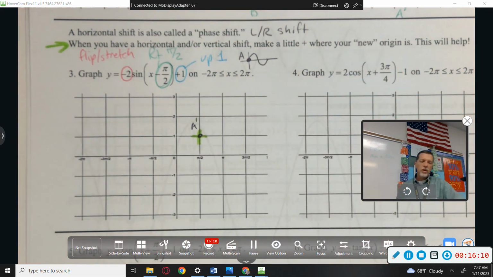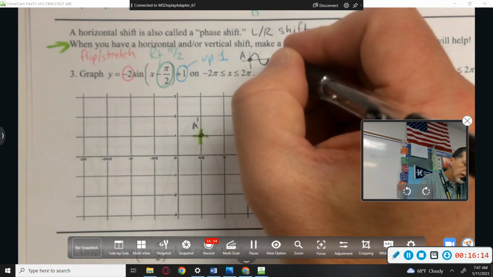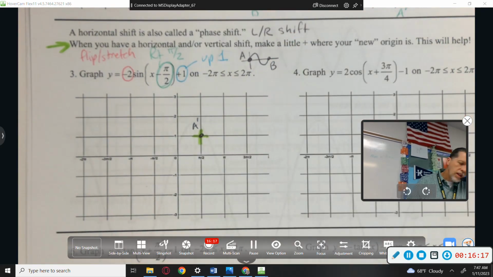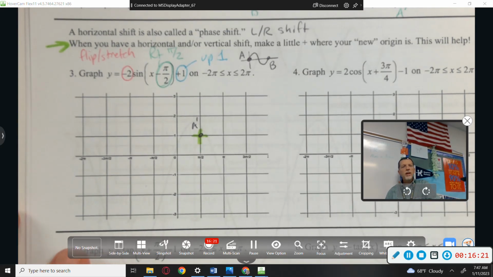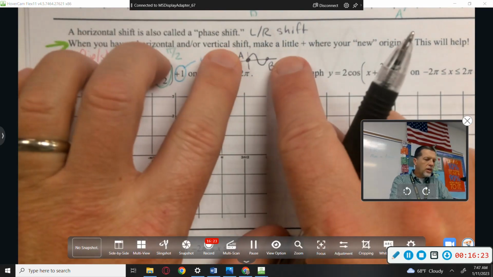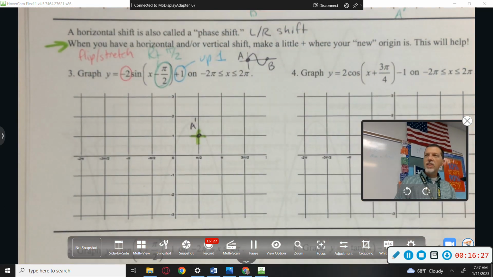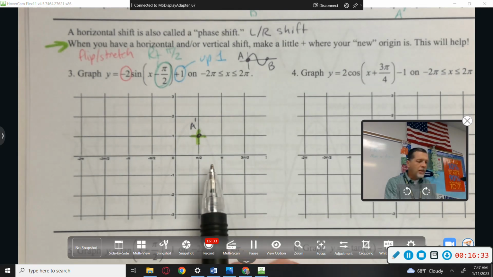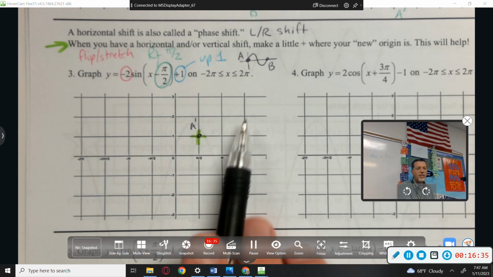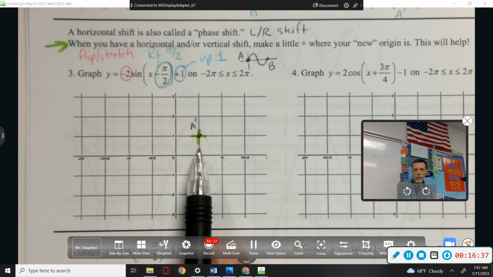There's my new starting point. Now let's jump to the end. Point B. What's the window? What's the width? What's the period from A to B? What's the period of one cycle for sine? 2 pi. So be careful. That means I don't end at 2 pi. It means I end 2 pi away from where I started.